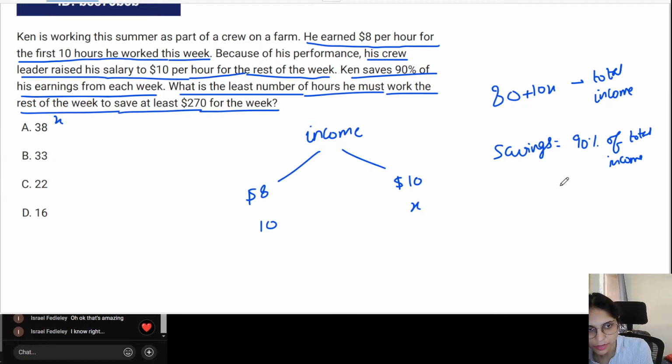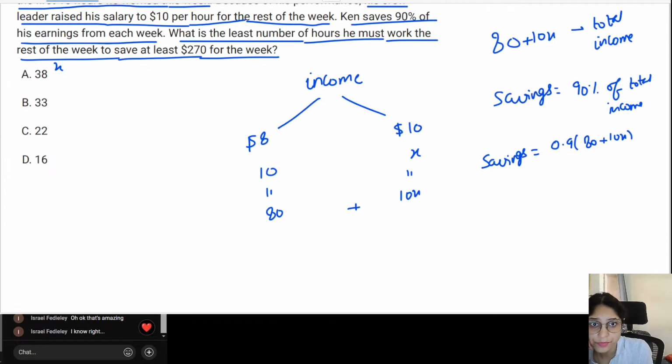90% means we'll be multiplying with 0.9. So savings are going to be 0.9 times (80 plus 10x). And savings have to be at least 270. That means greater than or equal to 270.